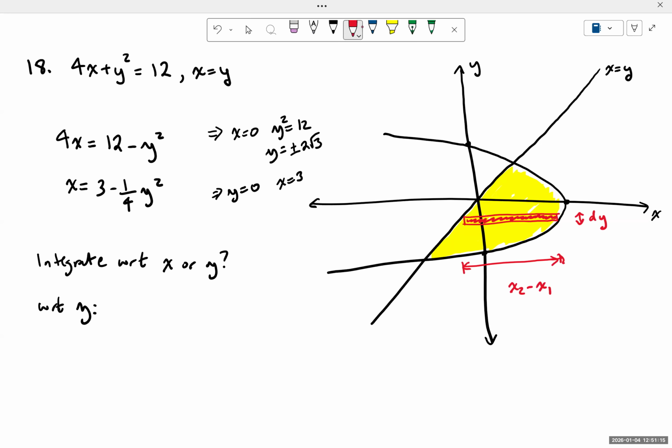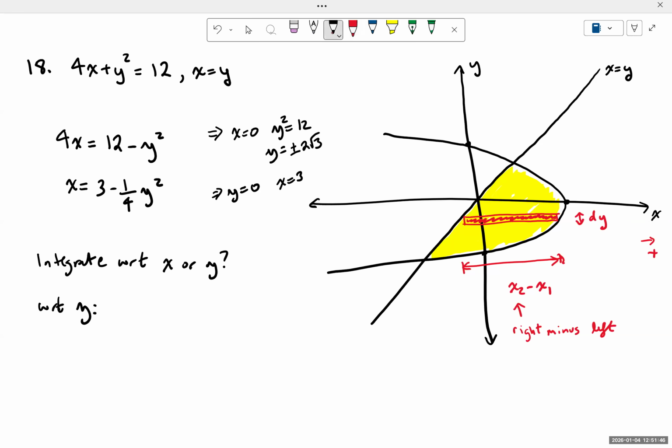So I have only one region because x2 is going to be the one on the right. So this is always right minus left. And how do you know that? Because I want the one that's bigger, meaning the one that's more positive. So remember, the further we go on the x-axis, the more positive we are. Okay, so it's bigger in the sense of being more positive.